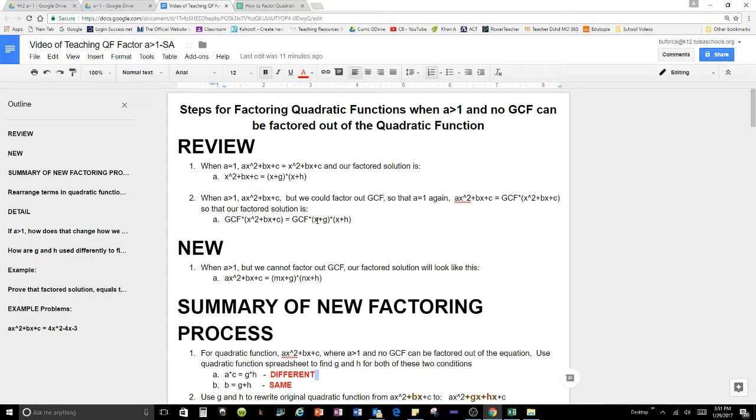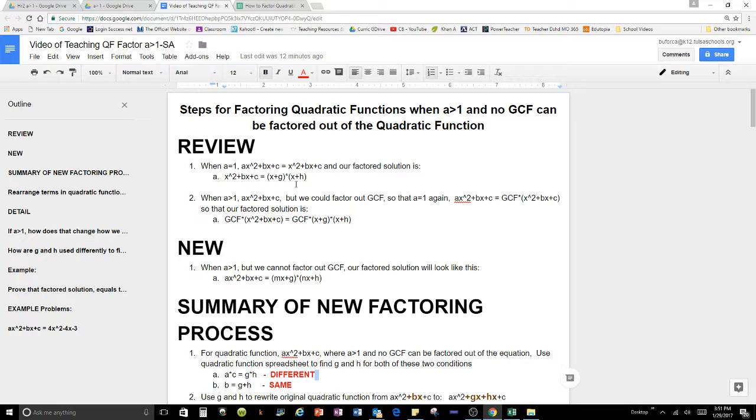But after we found g and h and plugged them back in here, you have to remember to multiply times the GCF, because without that GCF, we won't be able to get back to our original equation. We'll just get back to this equation here.